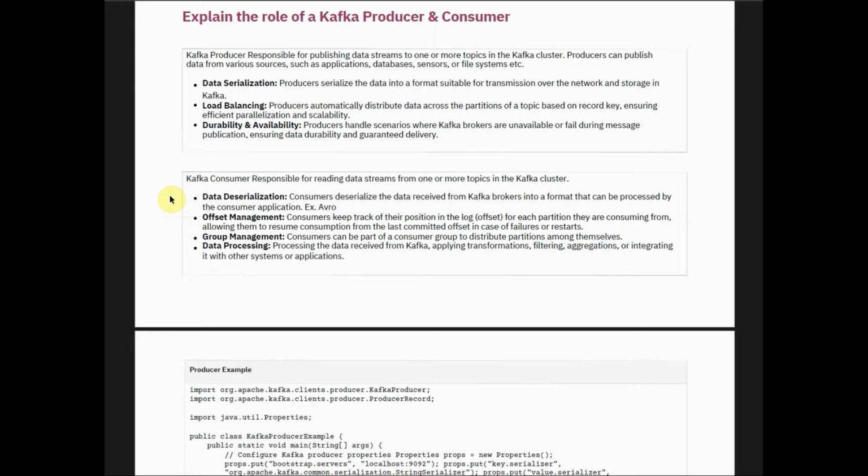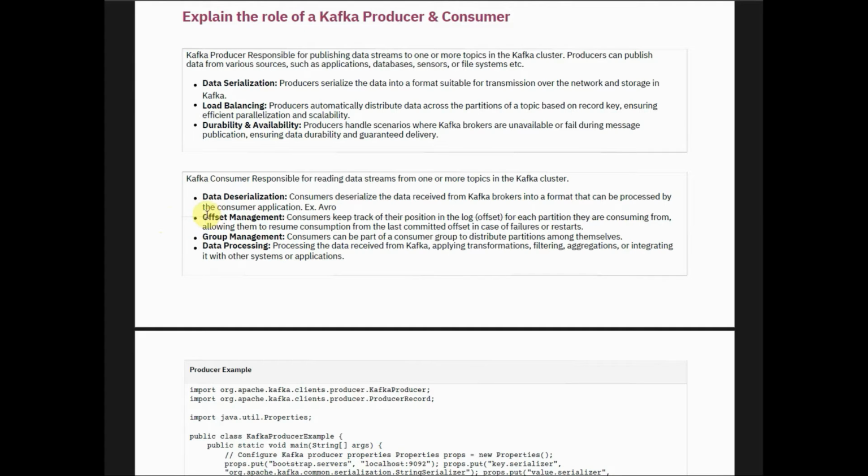First one, deserialization. Consumers deserialize the data received from the Kafka brokers into a format that can be processed by the consumer application. For example, a widely used format for pushing messages into a Kafka topic is Avro. Next is offset management.